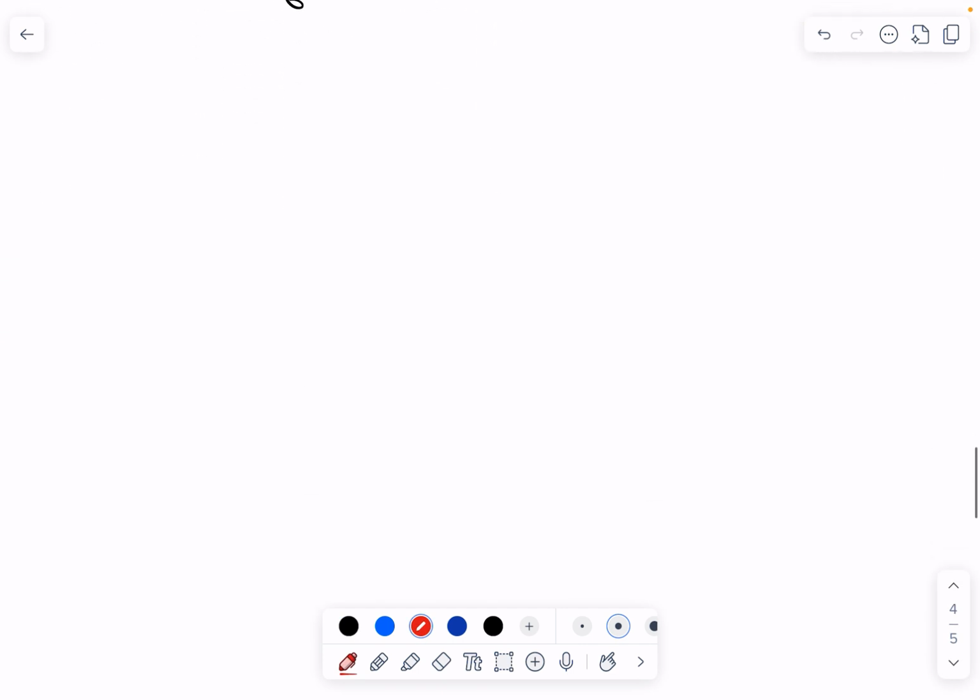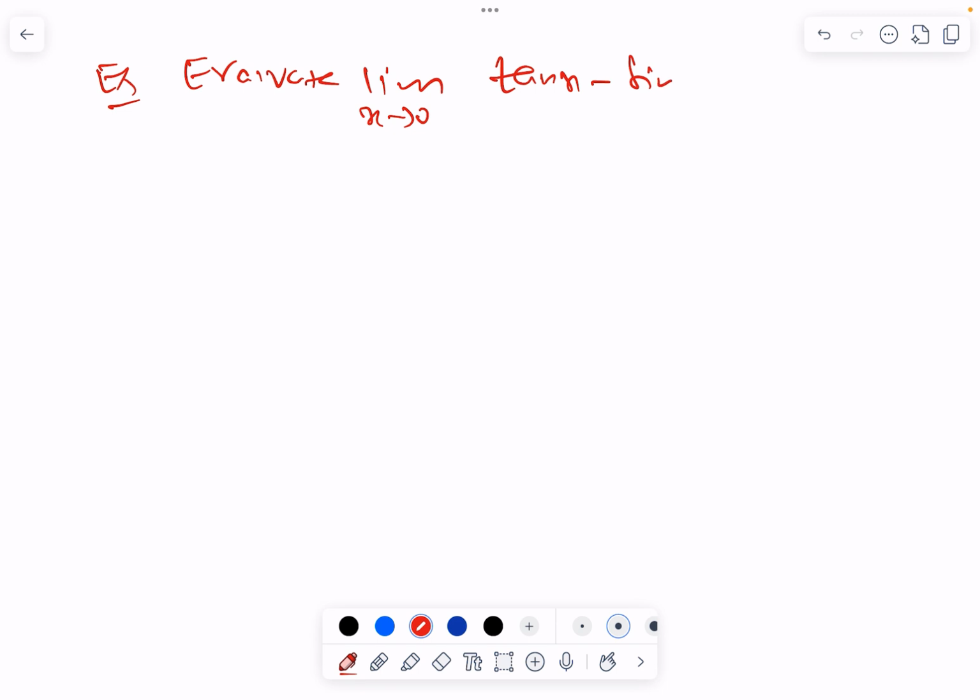Take one more example. Evaluate limit x tends to 0, (tan x minus sin x) divided by sin cube x.